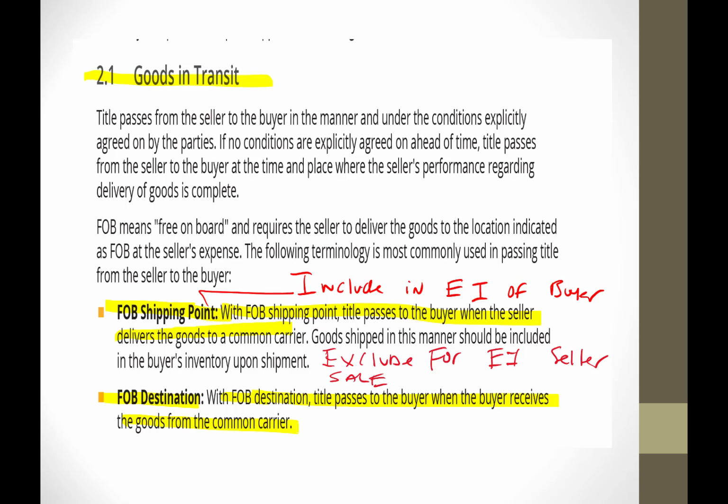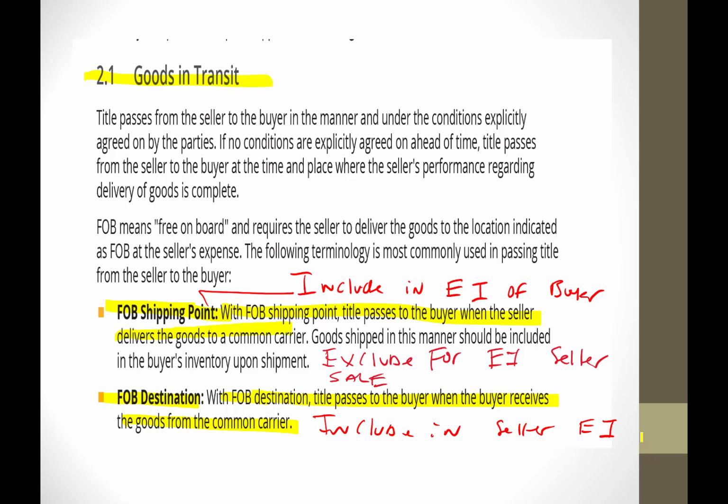Okay, so under that situation, we would do what? We would include in seller's EI. Those items get included in the seller's ending inventory because even though they may not be in their warehouse anymore, the goods may be in Kansas City somewhere.